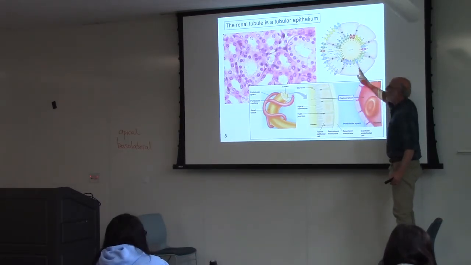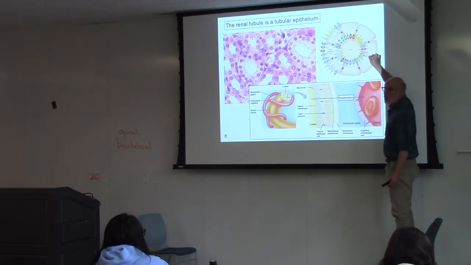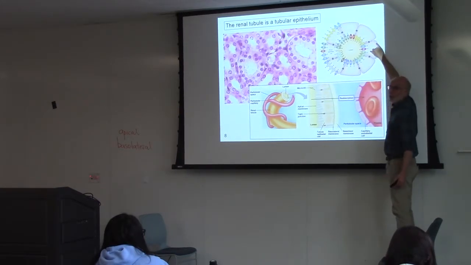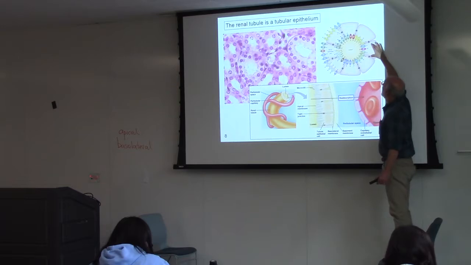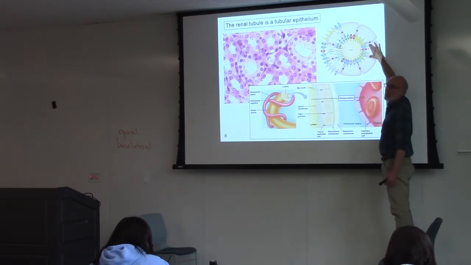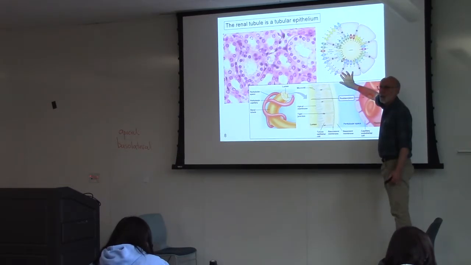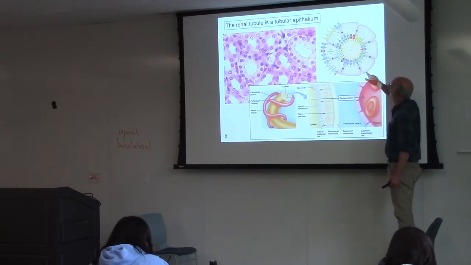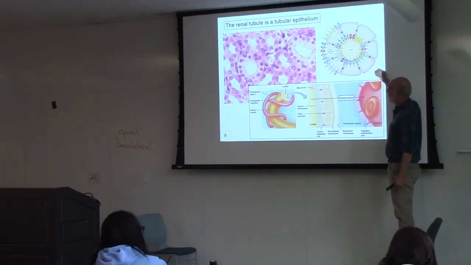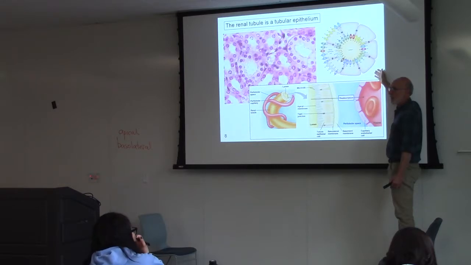The lateral part, which has junctions of one cell to its neighbor. So the lateral part of the basolateral membrane has junctions with its neighbors. The basal part of the basolateral membrane is in contact with the space, the peritubular space outside of it.